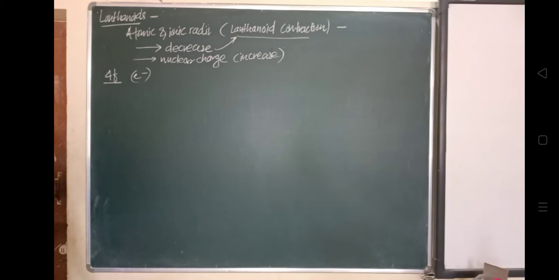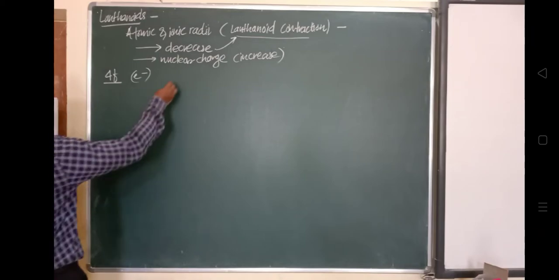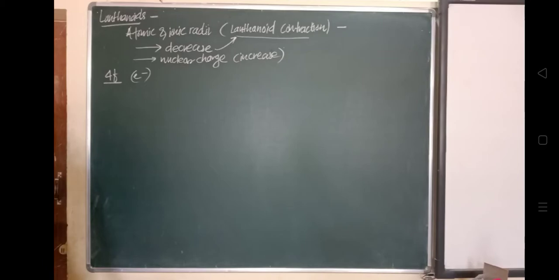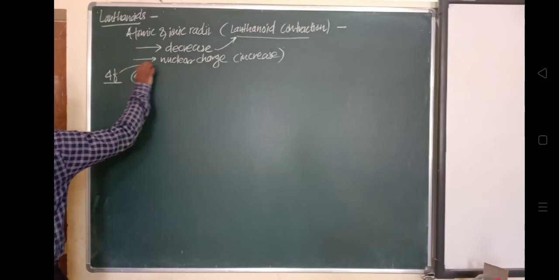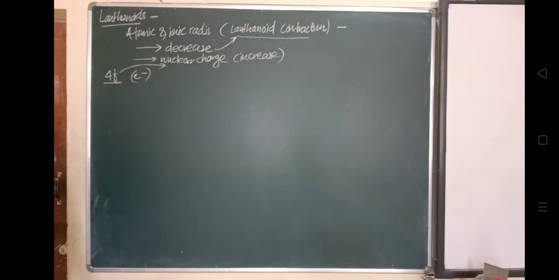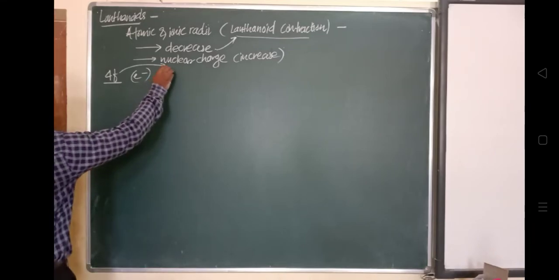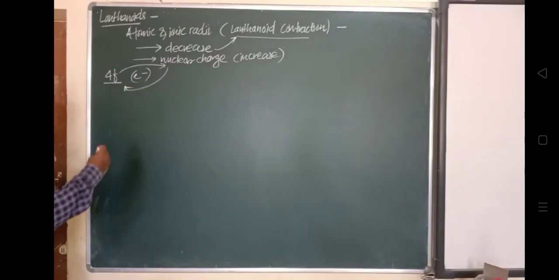Thus the 4f electrons shield each other poorly from the nuclear charge, owing to their diffused nature. As the atomic number increases, the nuclear charge also increases. The effective nuclear charge experienced by each 4f electron increases, because the nuclear charge increases and it first fills the 4f orbital.